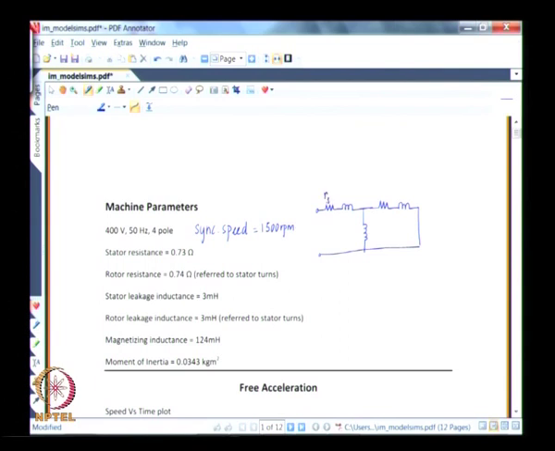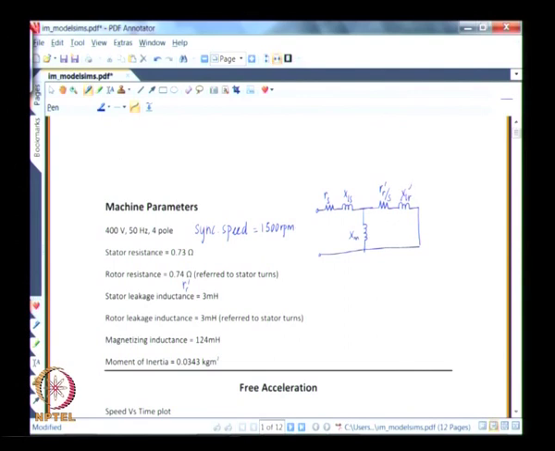So, this is your RS, this is XLS leakage reactance, this is XM, and this one would then be RR dash divided by the slip. This value that is given here is RR dash. So, you divide it by the slip when you put it into the equivalent circuit, and then this is XLR dash.